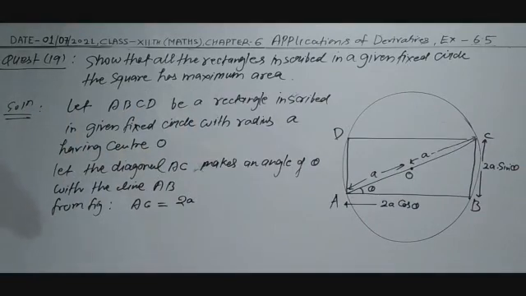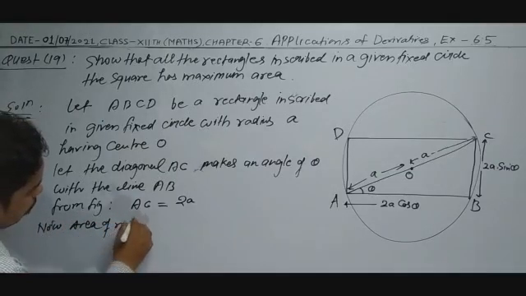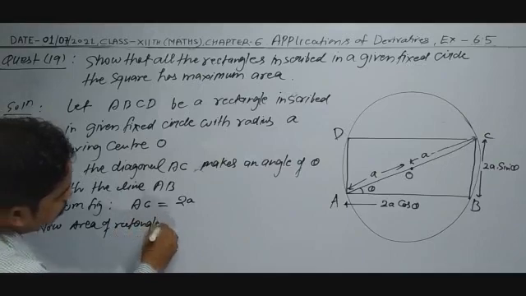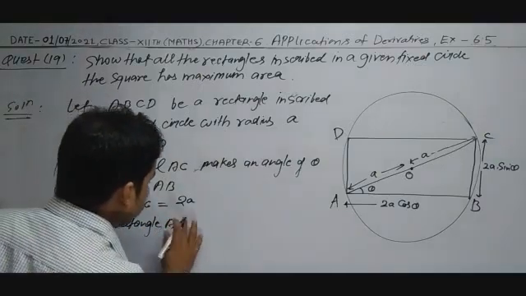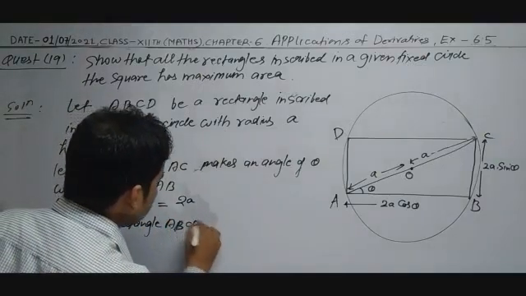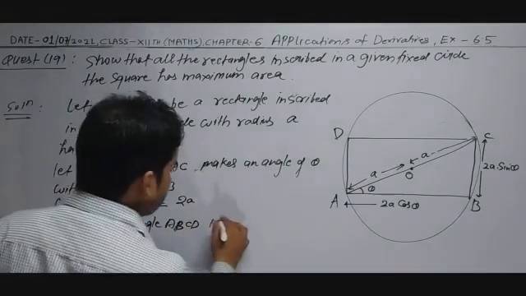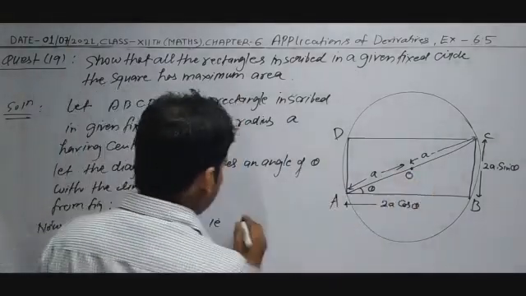Now area of rectangle ABCD, that is length into breadth.